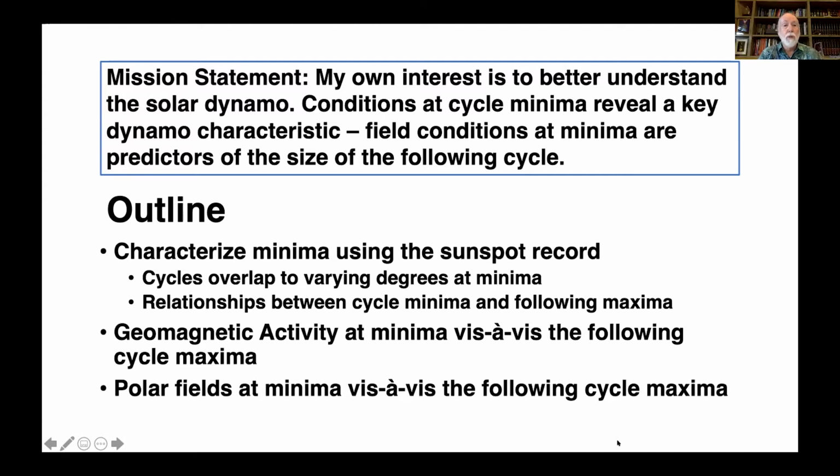So what I'm going to do is, first of all, start off with the sunspot cycle, show you how the cycles overlap to varying degree at minima, and given that overlap, there are relationships between the cycle minima and following maxima. I'll then talk about a slightly shorter data set, the geomagnetic activity, and look at it at minima vis-a-vis the following maxima, and then finally get down to the last 4 cycles in polar fields at minima.